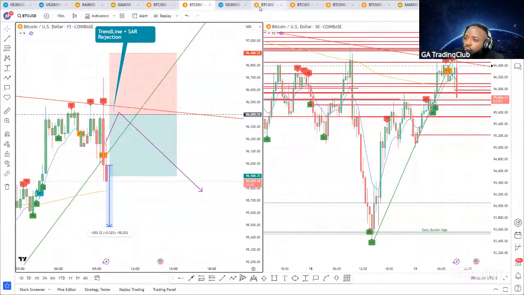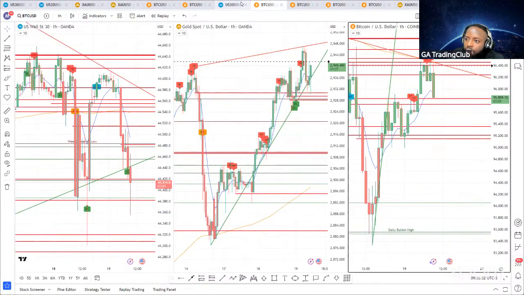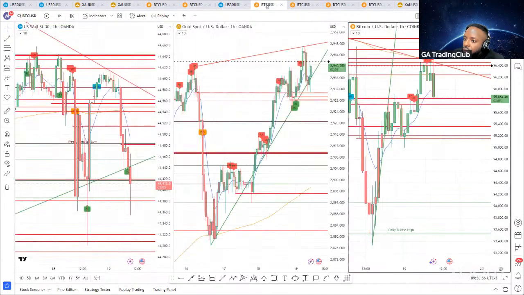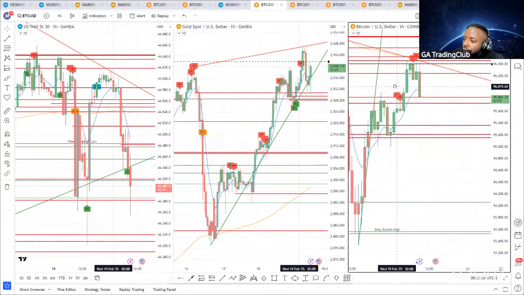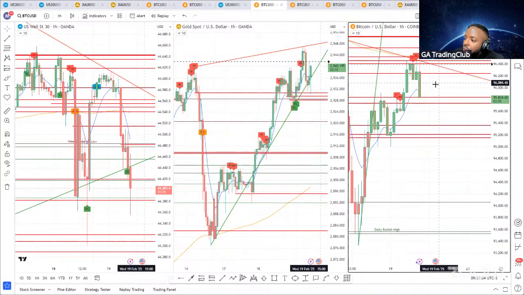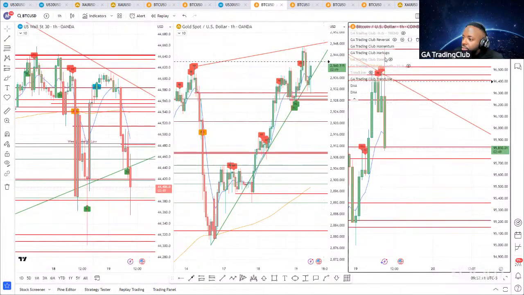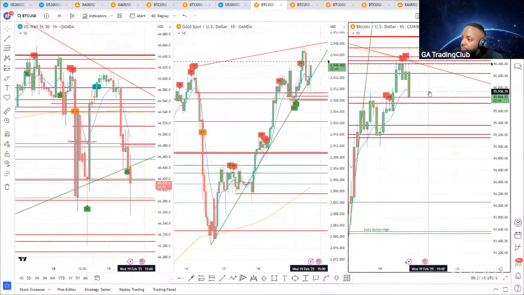And for the hour time frames, nothing really. Oh, interesting. Here on the hourly time frame, this is an example of a rejection resistance trade on BTC, but this one already went through.